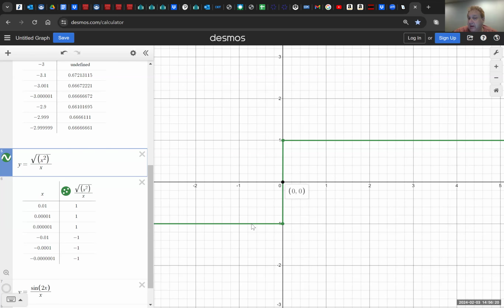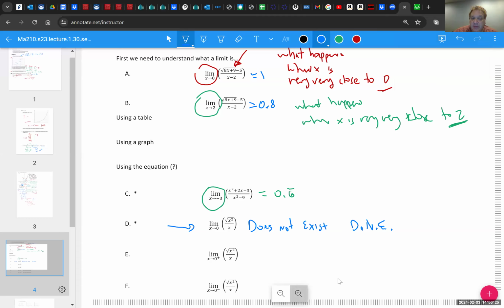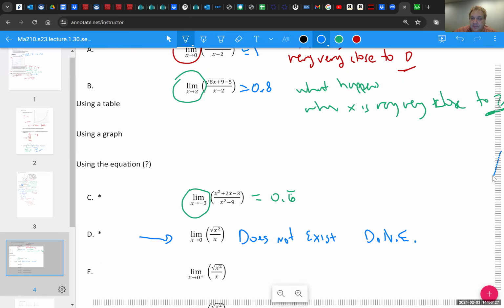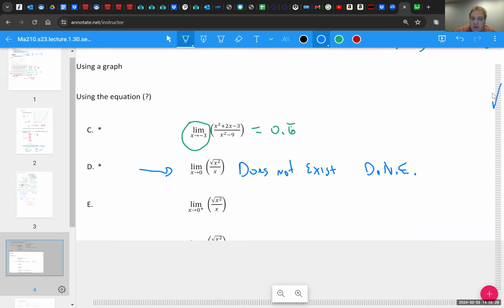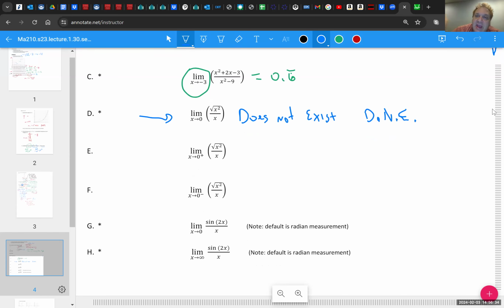The way we write that is, let me zoom in a little bit for people with smaller screens. If you look at examples E and F here, I have the limit as x approaches 0 with a little plus sign up there, and x approaches 0 with a little minus sign up there. What math people are saying with those little plus and minus signs is that they want only values greater than 0 or only values smaller than 0.